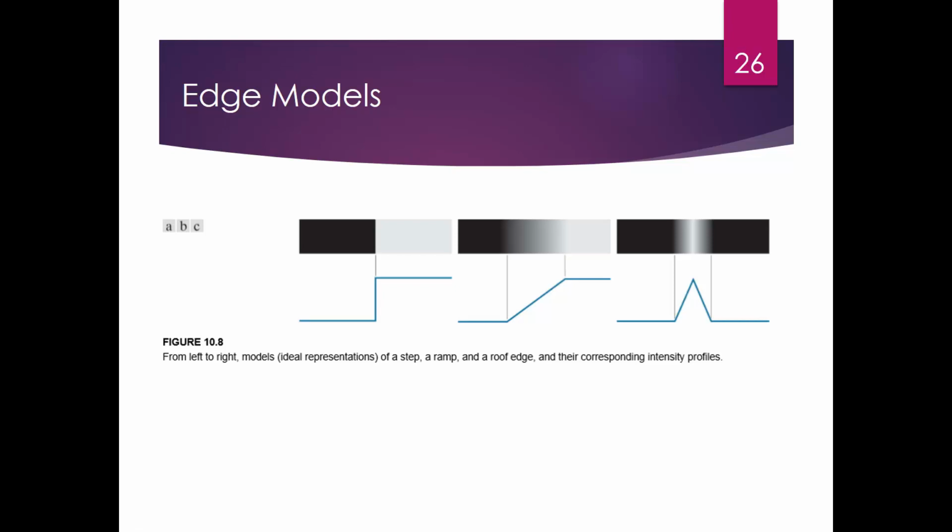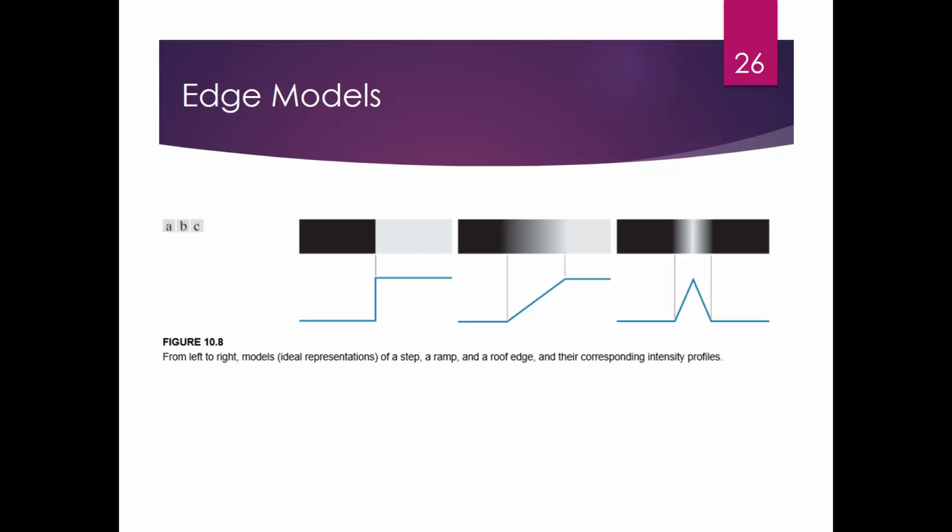While digital images have edges that are blurred and noisy, with the degree of blurring determined principally by the limitation in the focusing mechanism. As you can see here, there is some kind of blurring, so there is a ramp function here.